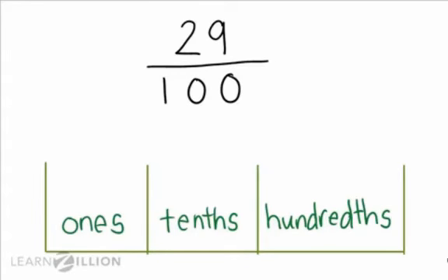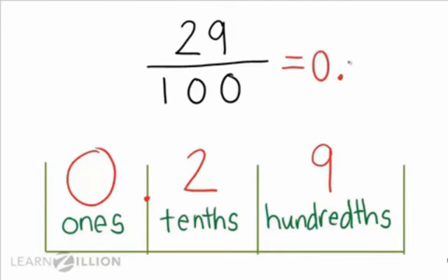We know this because our numerator 29 is less than our denominator 100, so we can put a 0 in the ones place, and then we'd follow that with a decimal point. Then we would put the 2 to show how many tenths we have, and the number 9 to show how many hundredths there are. So our decimal for the fraction 29 hundredths would be 0.29.